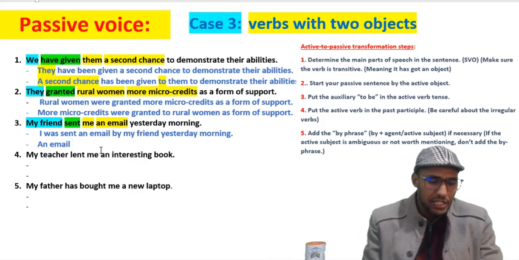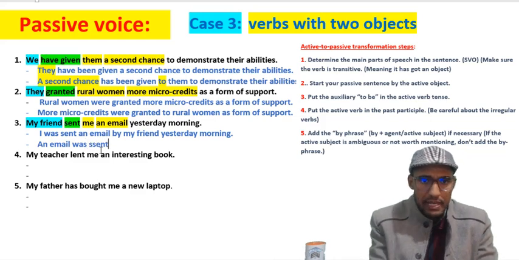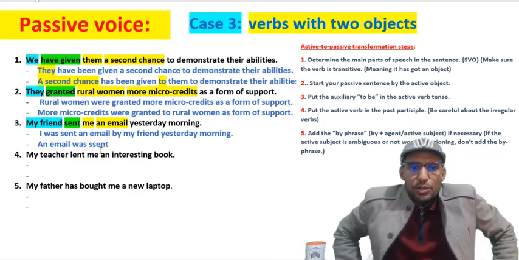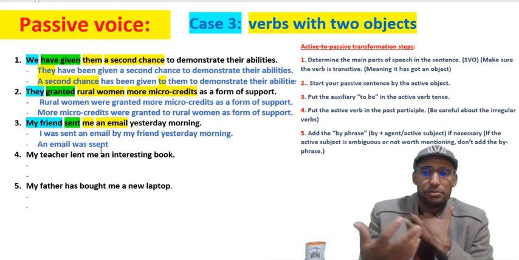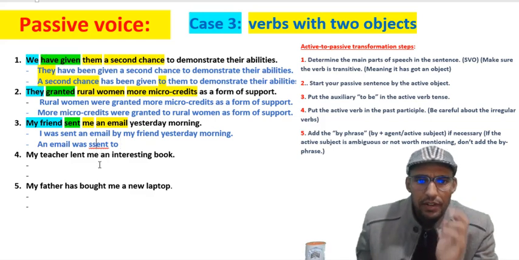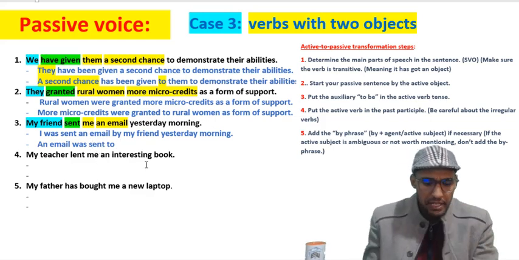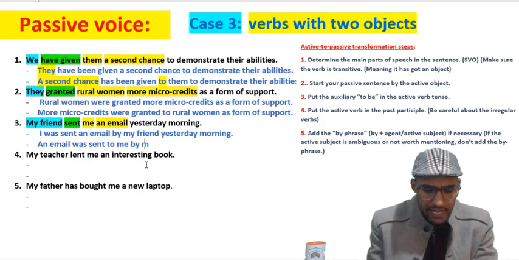We have "sent," so we say "was sent," the verb to be in the past form. An email was sent, and then we have here "me," so we need, as I said before, to add the preposition "to," to me. An email was sent to me by my friend.